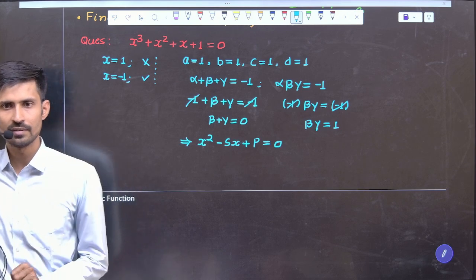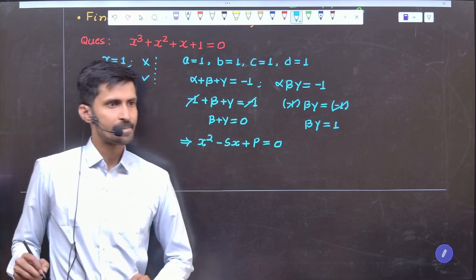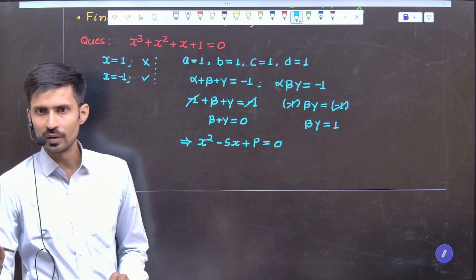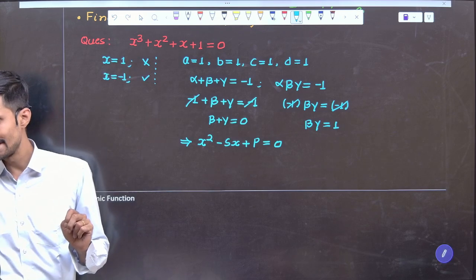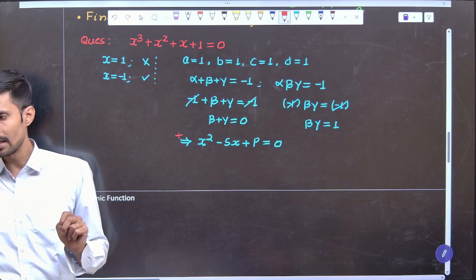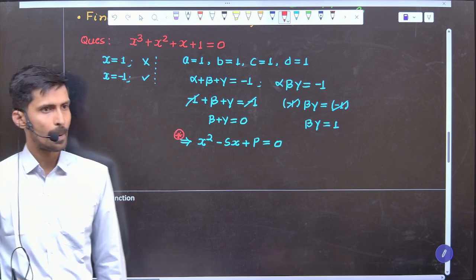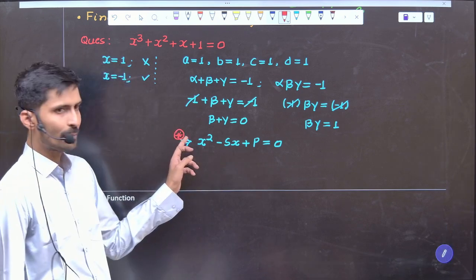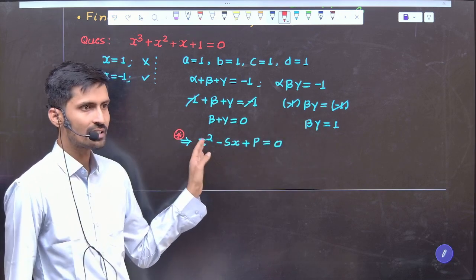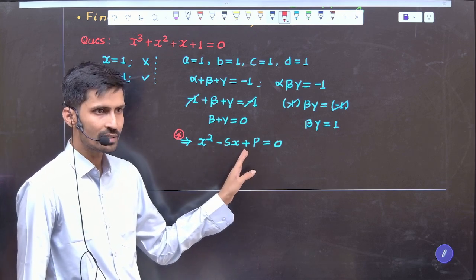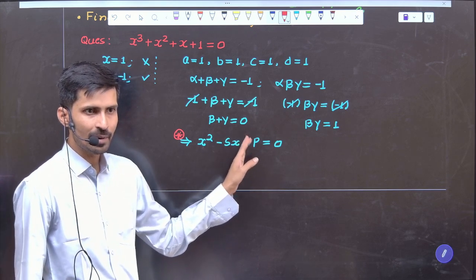Raise your hand. Acha, no problem. Okay. Now you will star mark here and you will write this. In quadratic, I will explain you. So this step you have to remember after finding beta plus gamma and beta into gamma: x square minus s into x plus p is equal to 0.